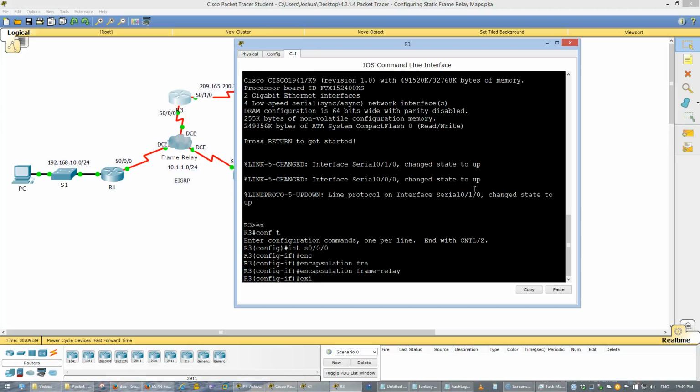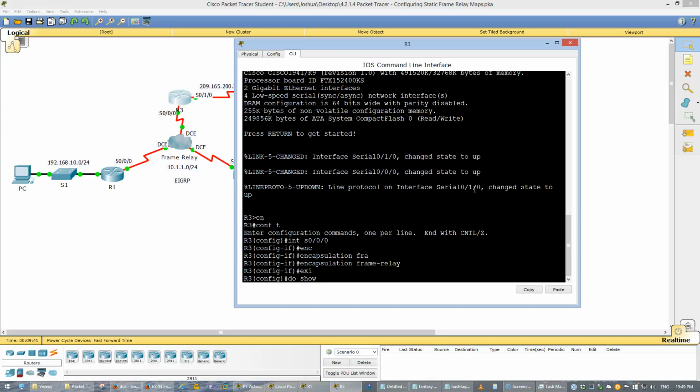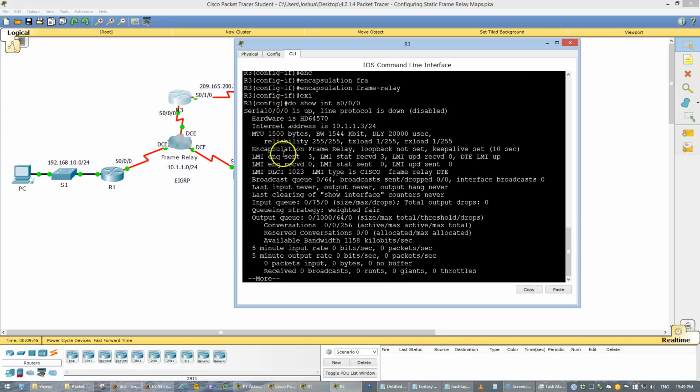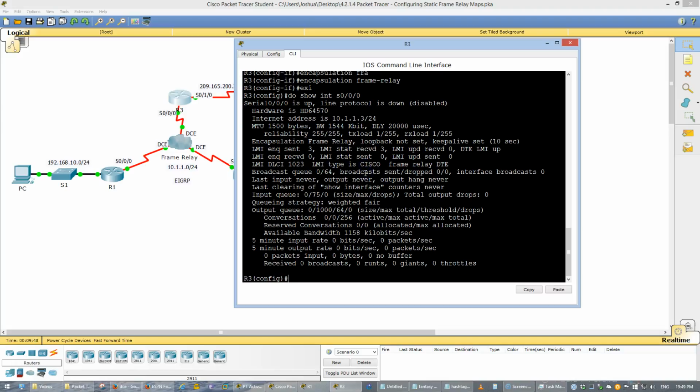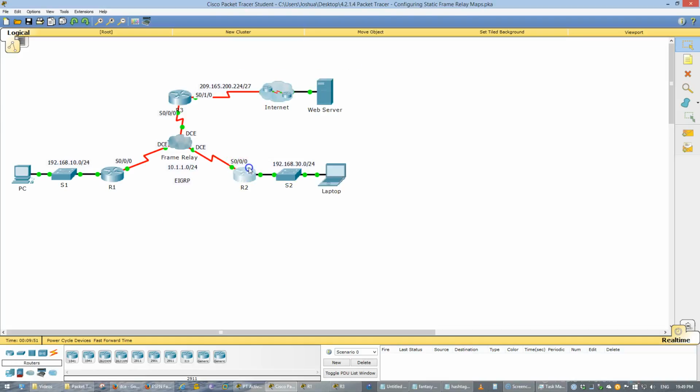You can verify that by using the do show interface command right here, encapsulation frame relay. And then on router 2 as well.